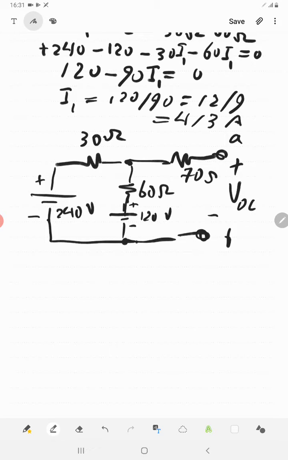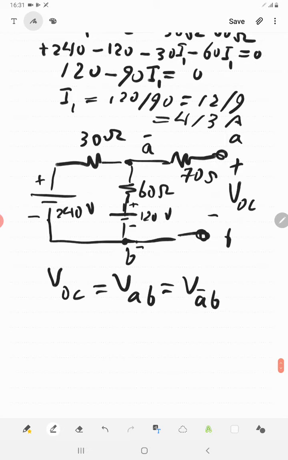Now the open circuit voltage, if we assume A bar here and B bar here, we know that V open circuit equals VAB equals VA bar B bar. It's the same voltage. Why? Because there is no current passing through the 70 ohms resistor.